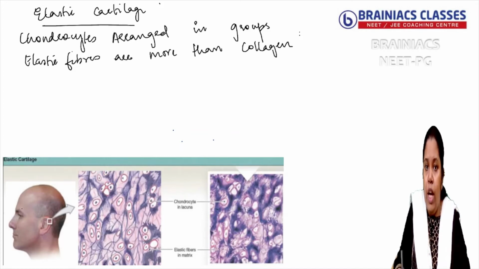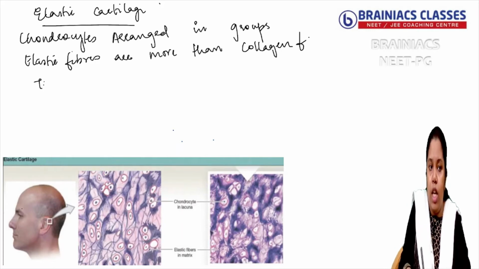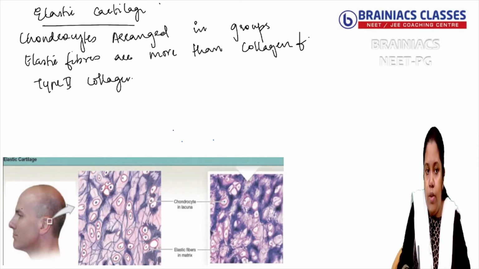But what type of collagen fibers is present? It is type 2 collagen. So type 2 collagen is present. Then they will also have perichondrium. So the perichondrium is present in elastic cartilage.